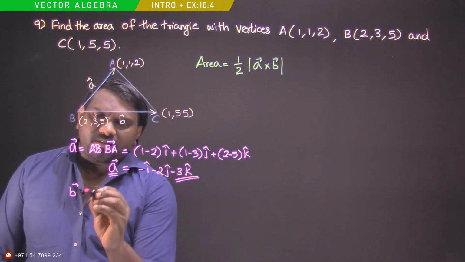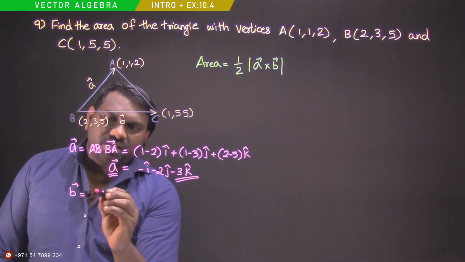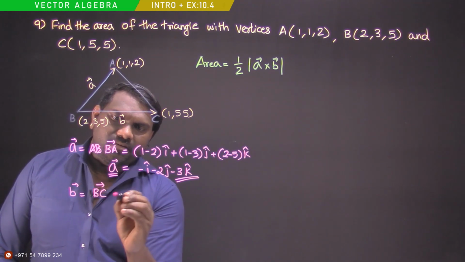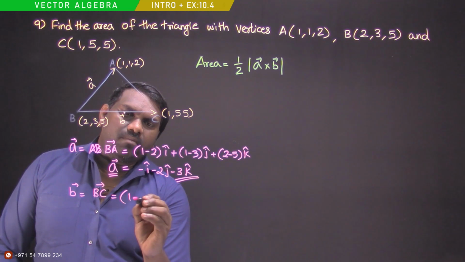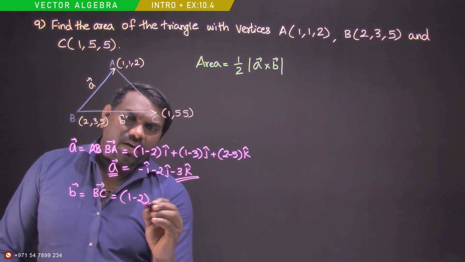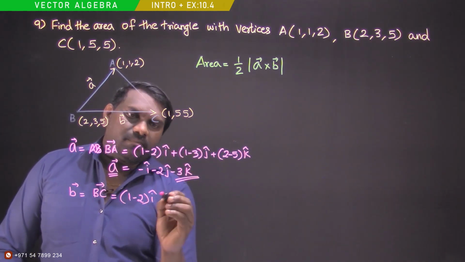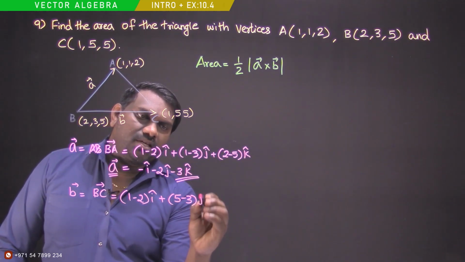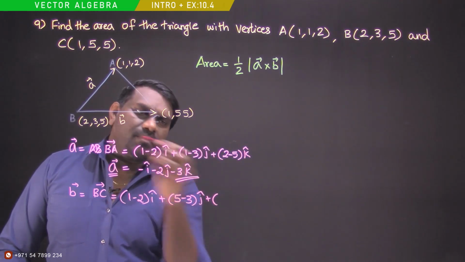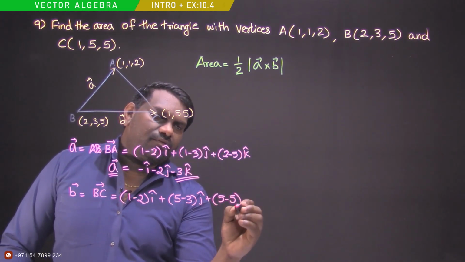What is B vector then? B vector, B to C, so BC. That is final minus initial. 1 minus 2 I, then plus 5 minus 3, plus 5 minus 5.